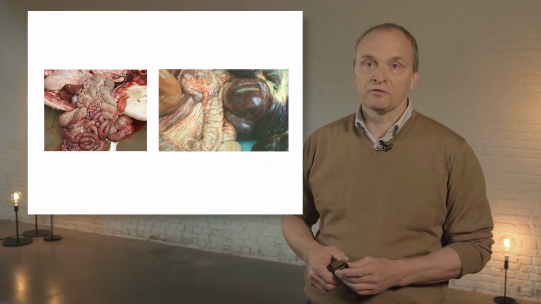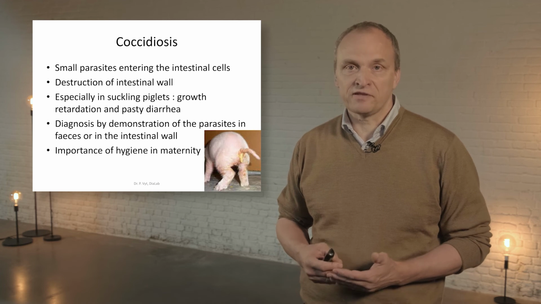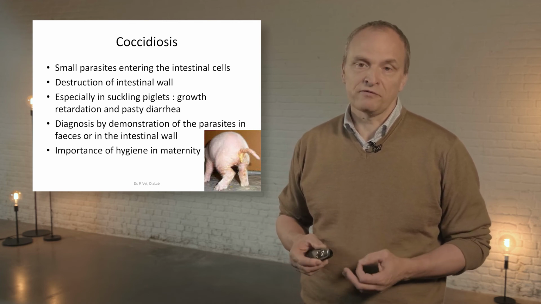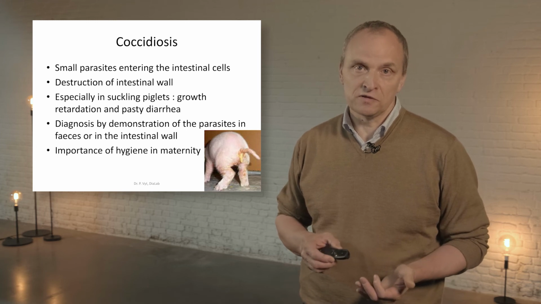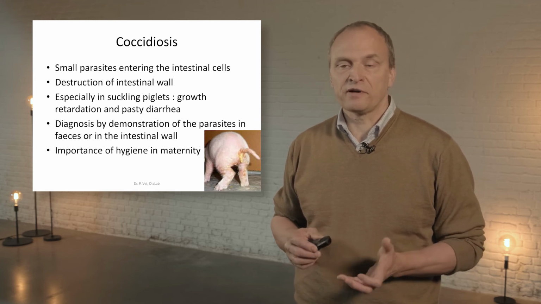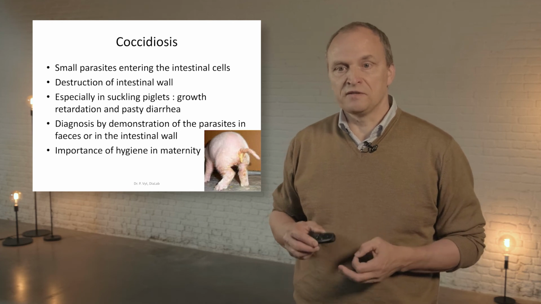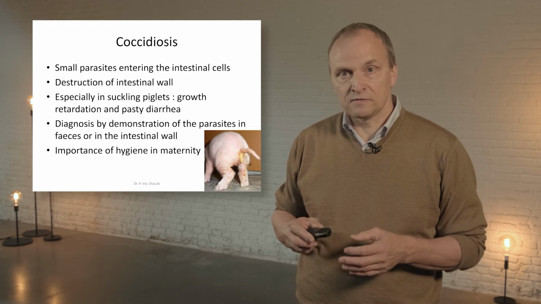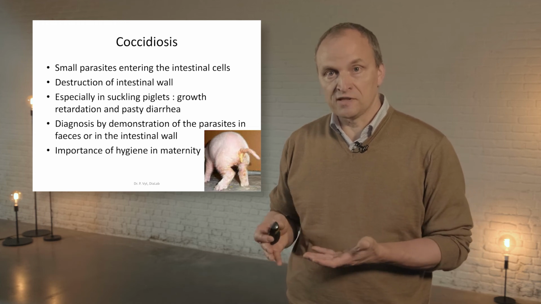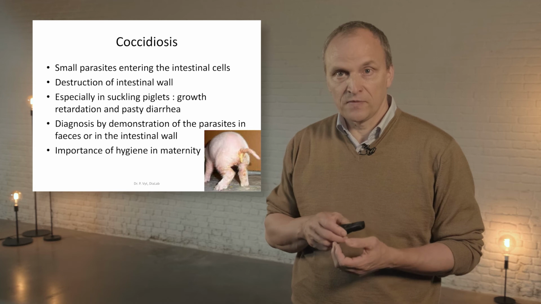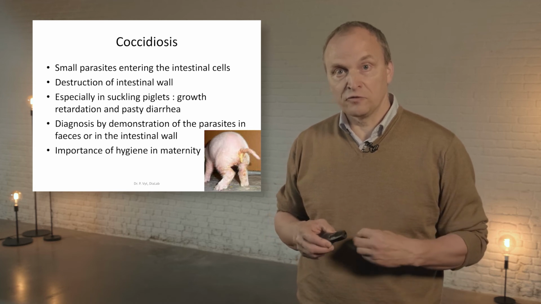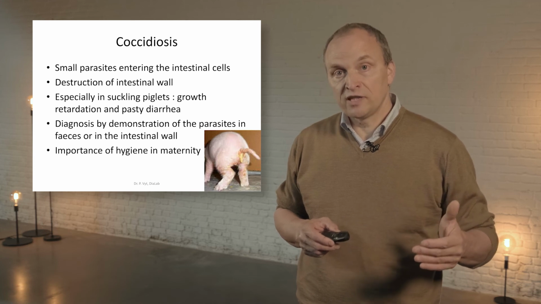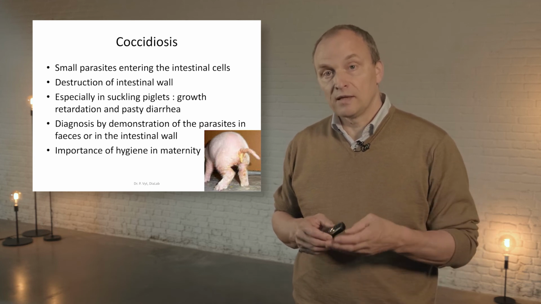Next to the bacterial problems, we also have parasites causing enteritis in pigs. The most important and most prevalent one is coccidiosis. It's a small intestinal parasite, Isospora, which infects the enterocytes, destroys those cells, destroys the intestinal wall, which is then covered by a crust. So there is less resorption of nutrients, which results in growth retardation in small piglets and diarrhea.